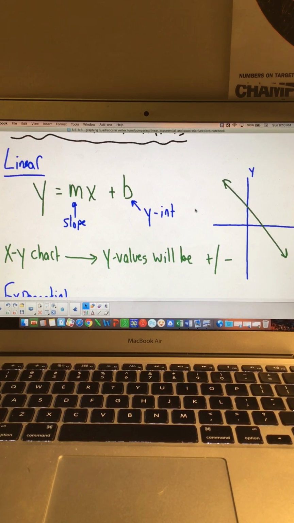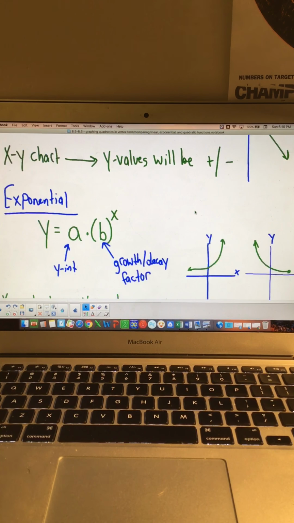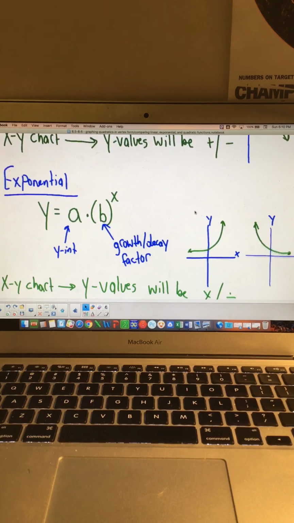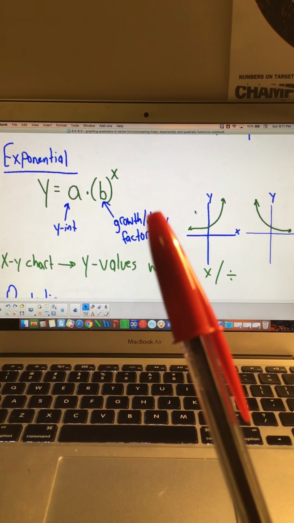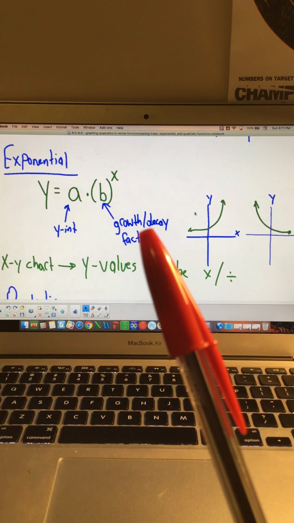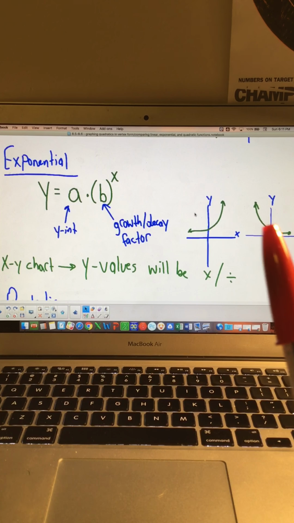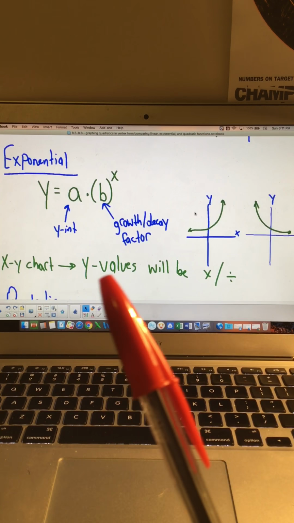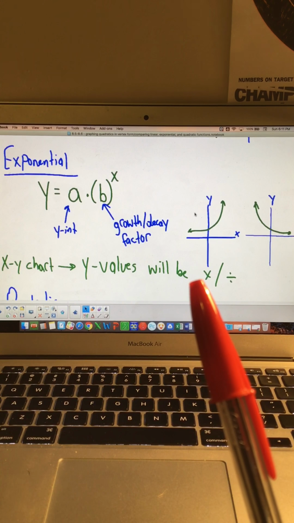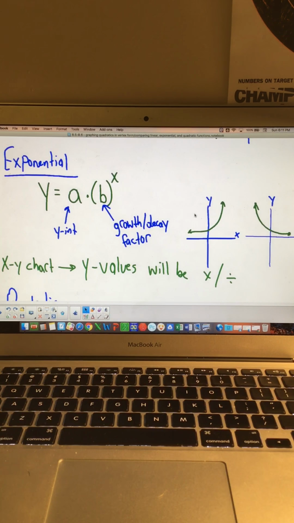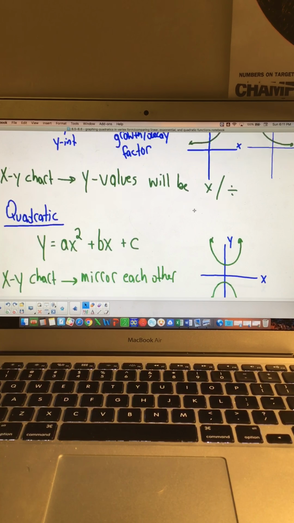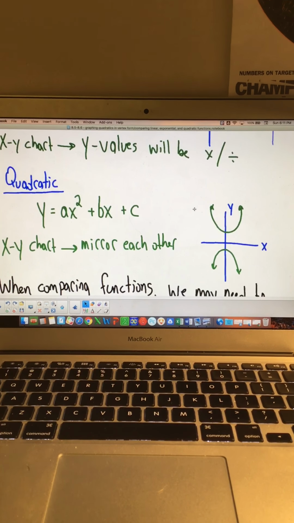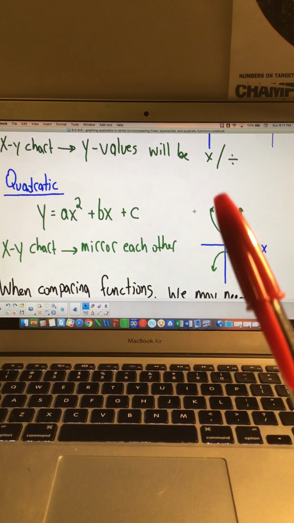For exponential, we know it's y equals a times b to the x, where that b is really the growth or decay factor, and it's going to be that curved look. And our y values will have a multiplying and dividing pattern. And now we've established that a quadratic is going to be that U, that curve.